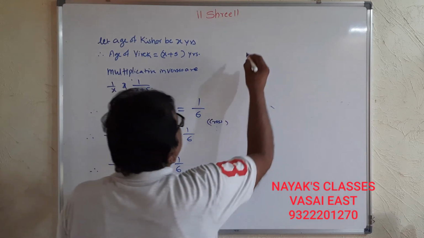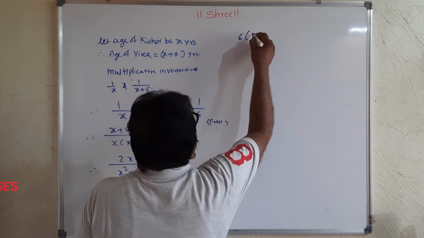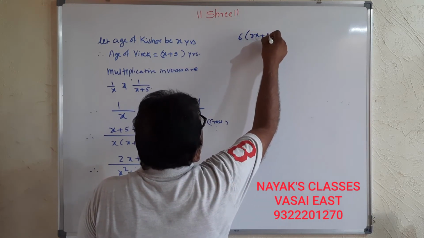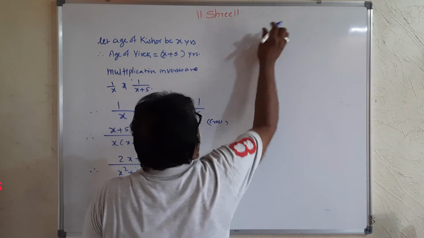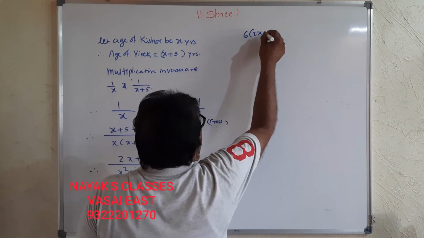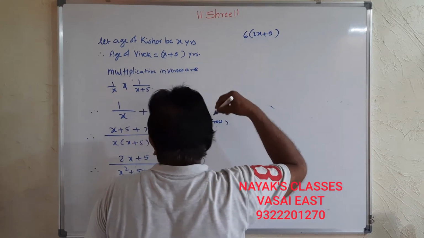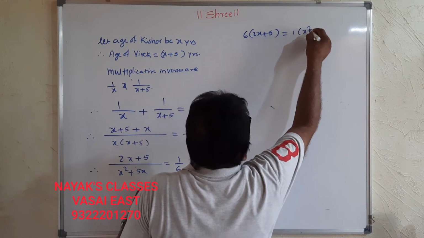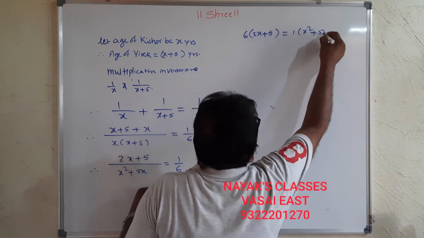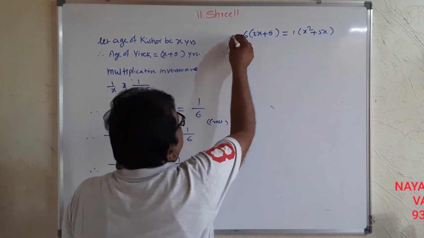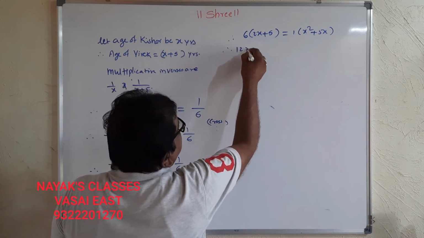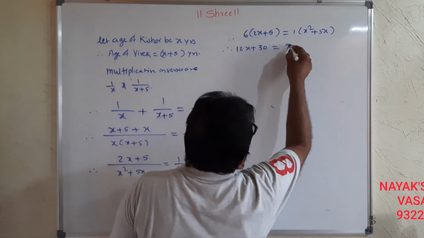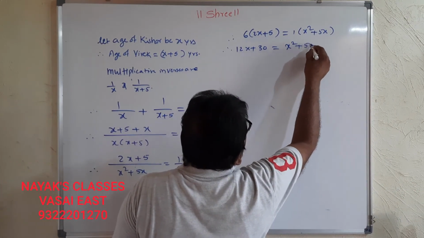It will be 6 into bracket 2x plus 5 and 1 into bracket x square plus 5x. Therefore, 12x plus 30 is equal to x square plus 5x.